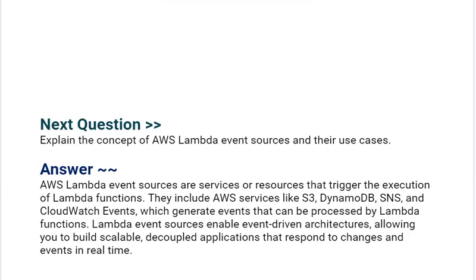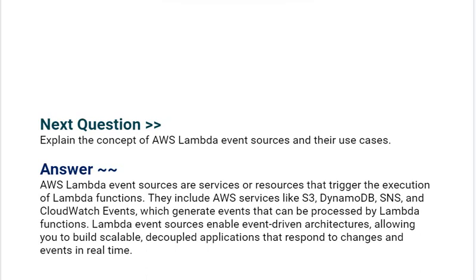Our next interview question is: explain the concept of AWS Lambda event sources and their use cases. Your answer should be AWS Lambda event sources are services or resources that trigger the execution of Lambda functions.